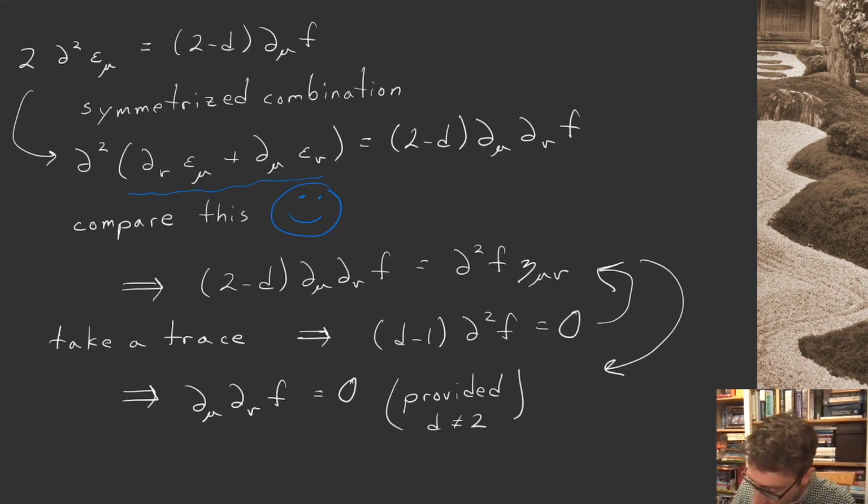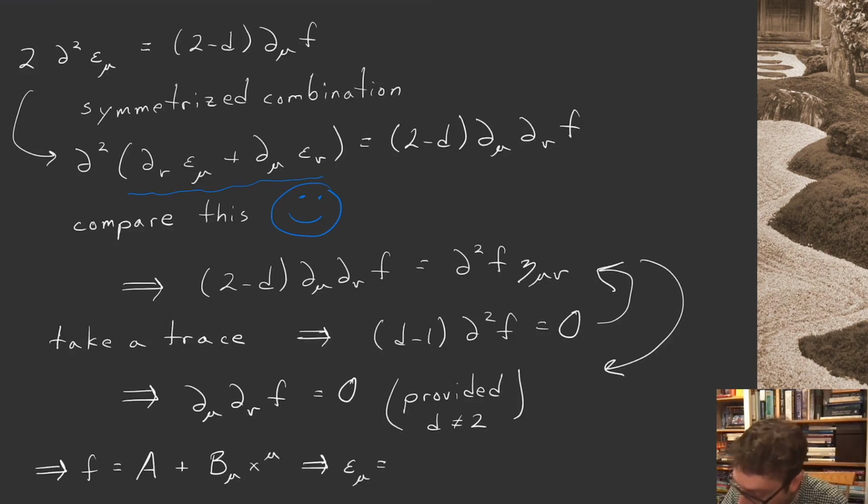So we learn a very important fact. We learn that f is at most linear in the space-time coordinate. And since f is a derivative of epsilon, we learn that epsilon is at most quadratic in the space-time coordinate: a mu plus b mu nu x nu plus c mu nu rho x nu x rho.